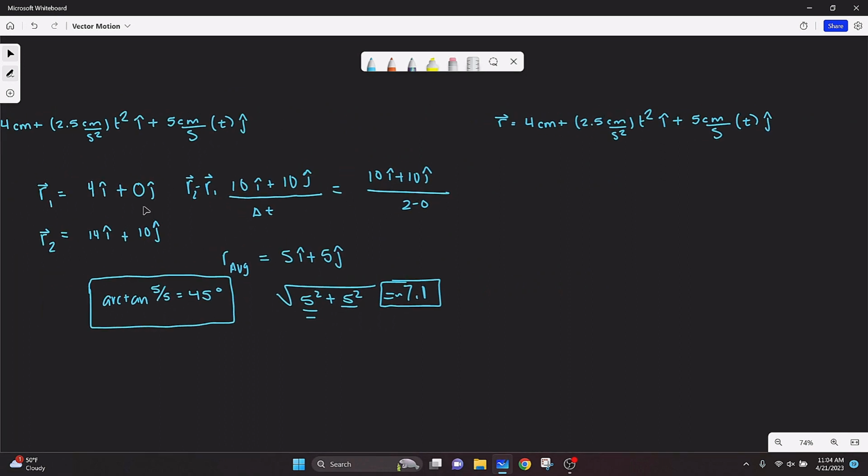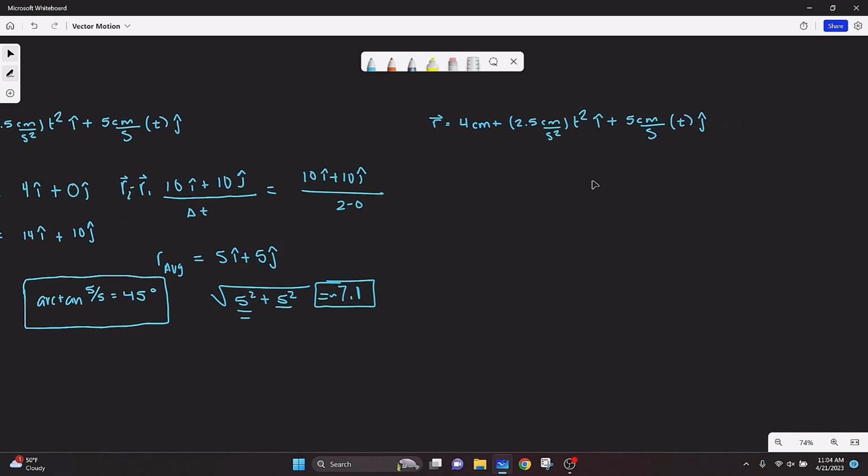Can we use this stuff to help us find the instantaneous velocity, the velocity at 2 seconds, 1 second, and 0 seconds? Well, we could just use a derivative of this function, this position function.